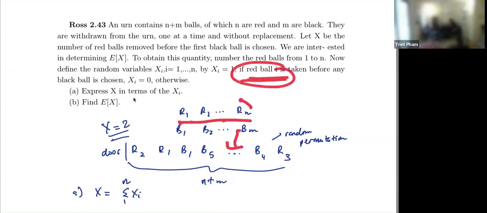Basically, you label the reds, so you distinguish the reds, and this is exactly the thing that we're not used to when we look at an urn, because we're trained in probability theory that if you look at an urn with n reds and m blacks, we look at them as indistinguishable. It just makes the count easier.